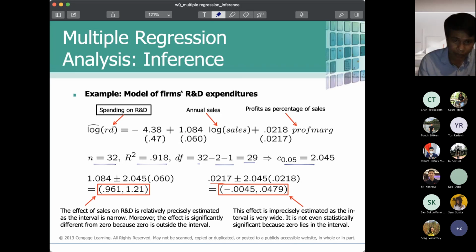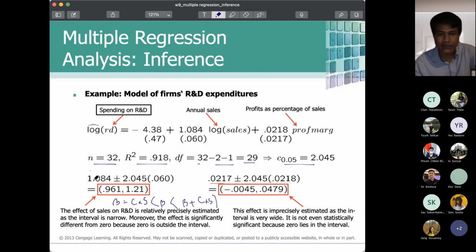So earlier we have what? We have delta minus C multiplied by the standard error, which is lower than B, and then again delta plus C multiplied by the standard error.